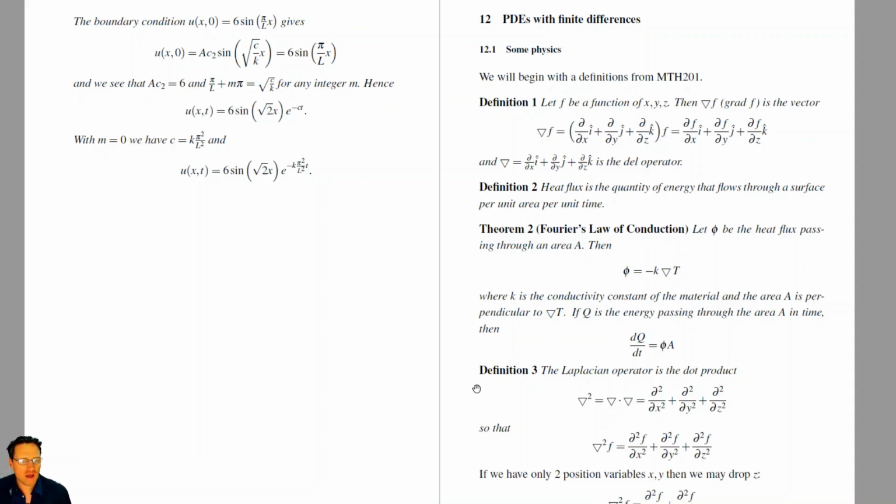So we now have u(x,t) is 6 sine of pi over L x, times e to the minus ct. If m is equal to 0, remember that's the integer multiples of pi, we have c equal to k pi squared over L squared, and then we have our solution there. So we've also got the constant c.